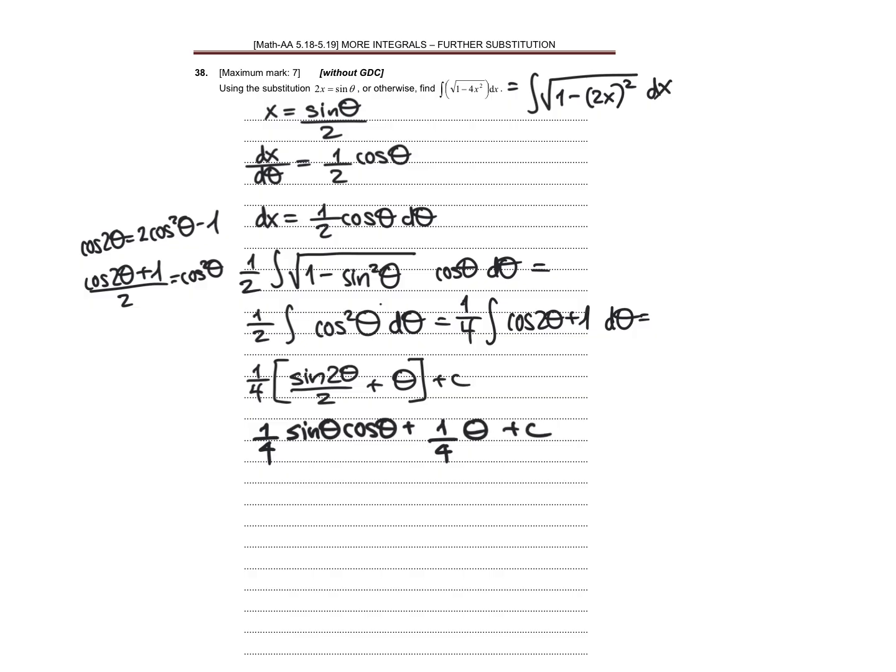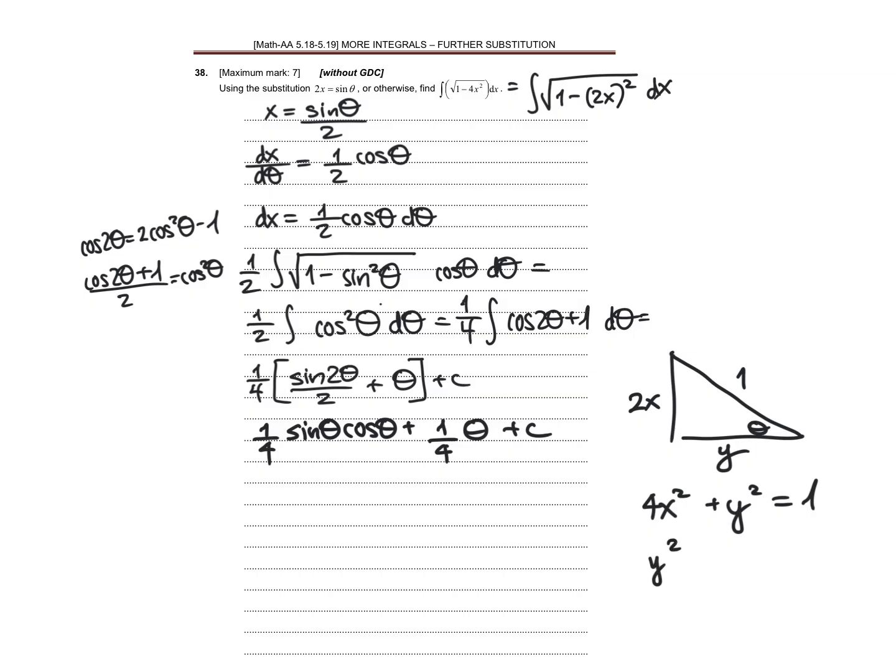Now we need what we started with up here: 2x is sine theta. Sine theta is opposite over hypotenuse. So let's solve for the adjacent. We're going to have 2x squared, so 4x squared, plus y squared is hypotenuse squared.